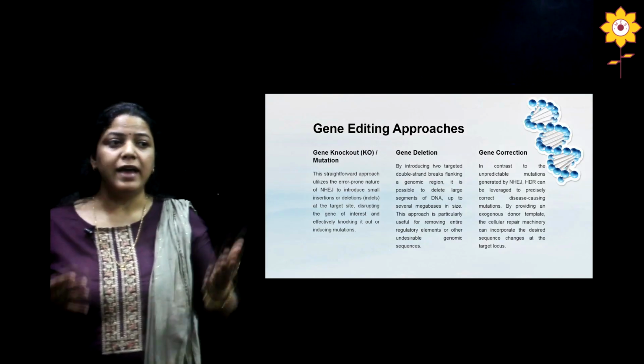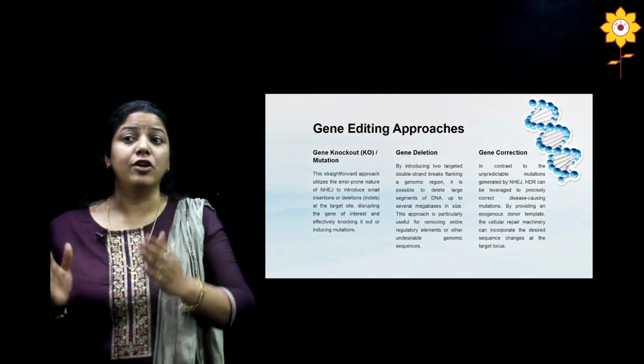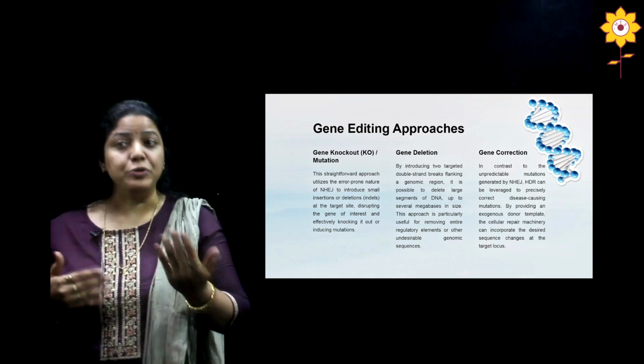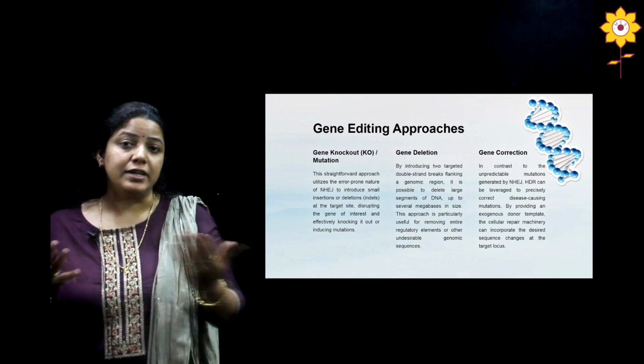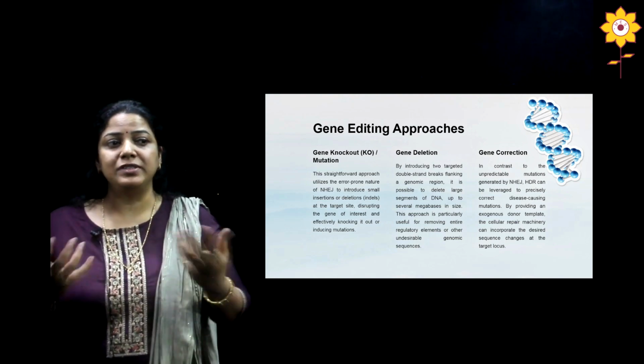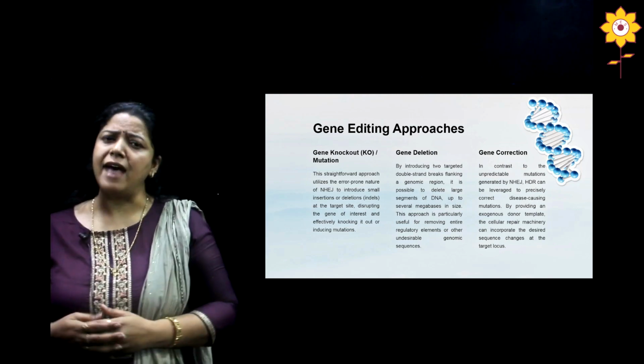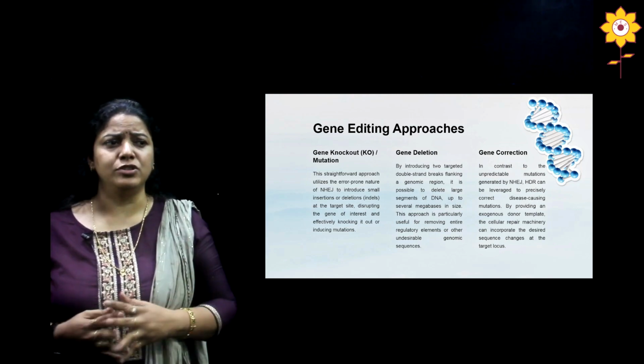So moving ahead, as I have already told you, we can have either gene knockout or mutations using different techniques like NHEJ, where we can introduce small insertions or deletions, or we can have gene deletions also.